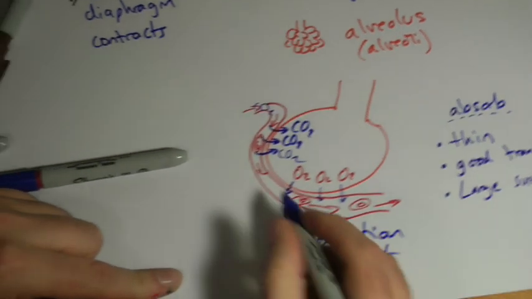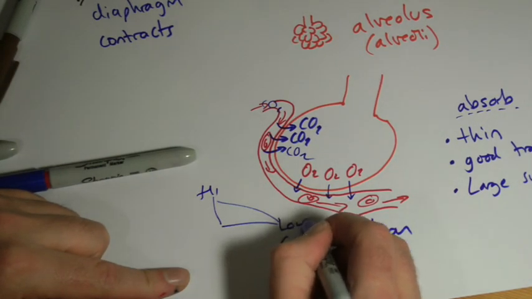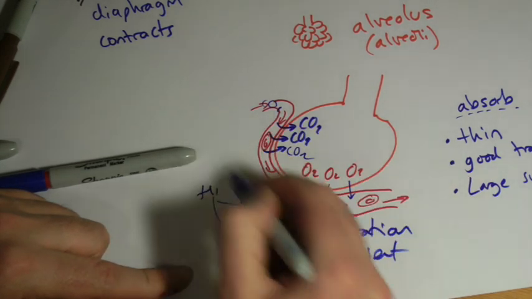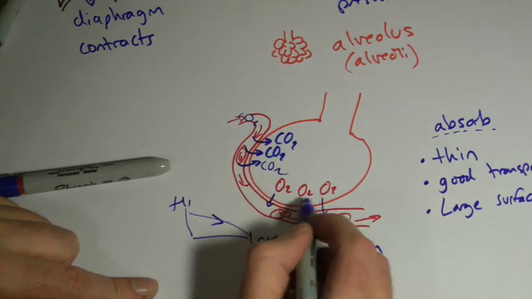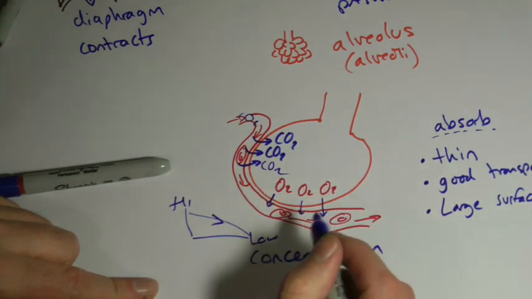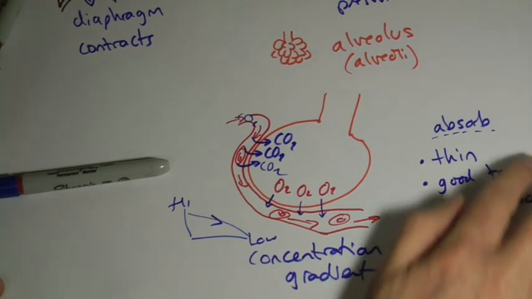With diffusion, things go from a high to a low concentration. We're constantly maintaining that gradient because we're constantly taking the stuff away. A nice thin distance, so not very much for it to pass through. Good transport, loads of blood vessels, and a large surface area because we've got plenty of these alveoli, and that's the key to the lungs.